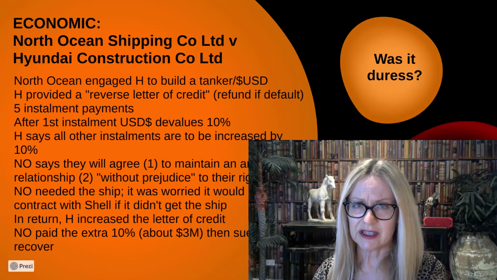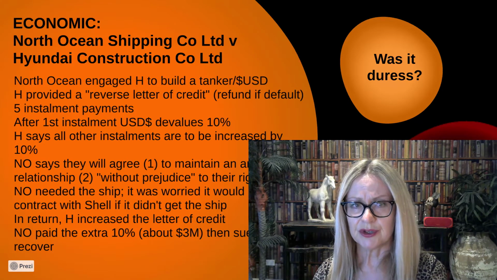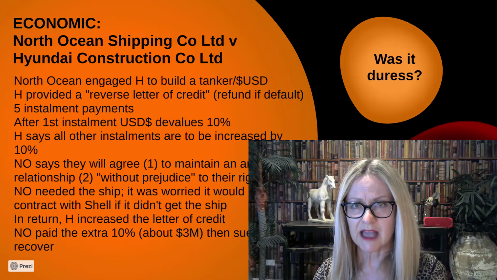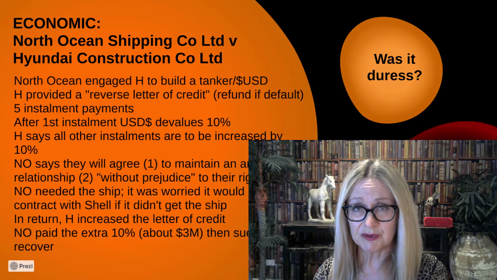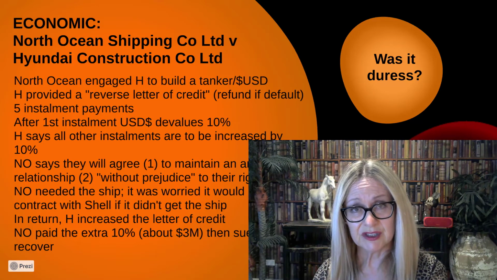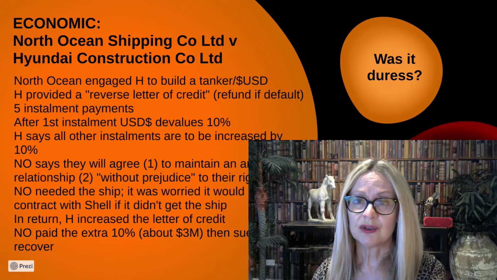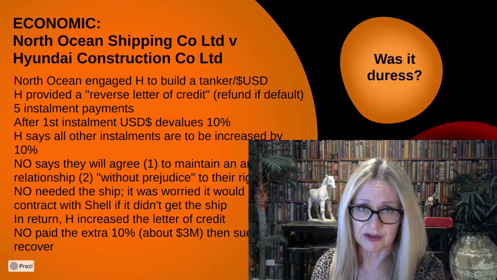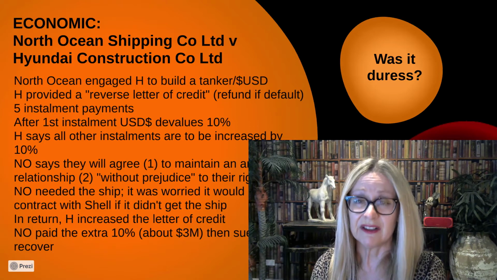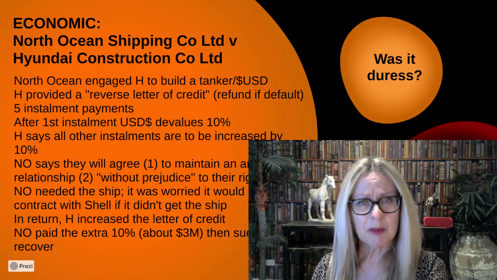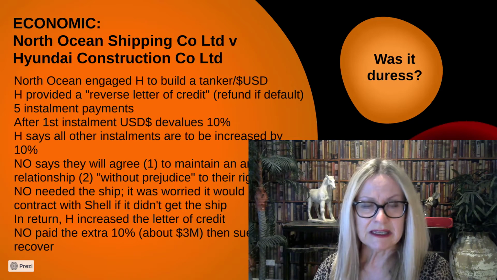It's essentially a form of security, given as comfort that if Hyundai happened to default on the terms of the agreement, North Ocean could take this reverse letter of credit to their bank and say, please pay us back all of the payments that we've made under this contract. So it was basically like a refund letter, I guess you'd call it. It gave the parties comfort that the right thing would be done.